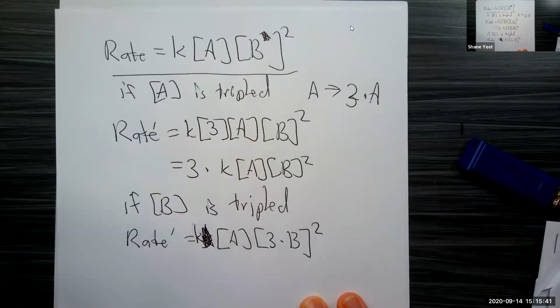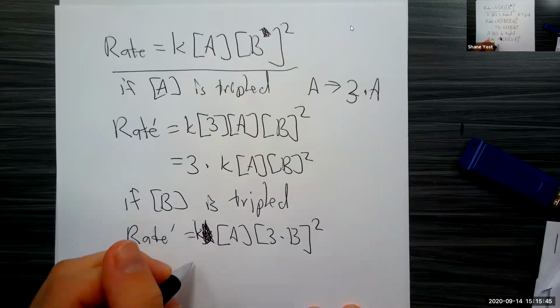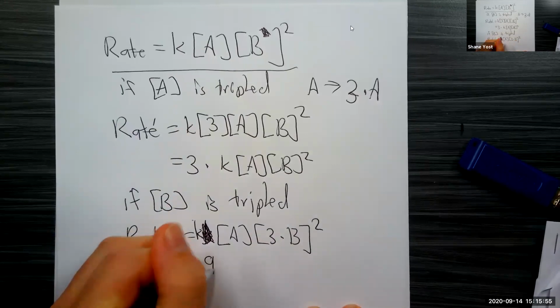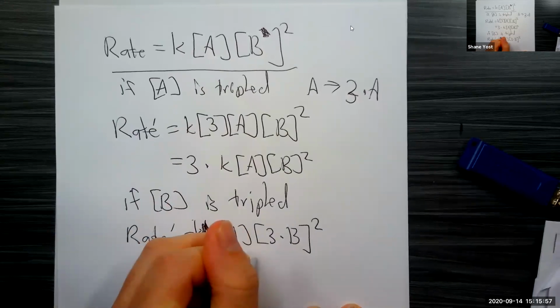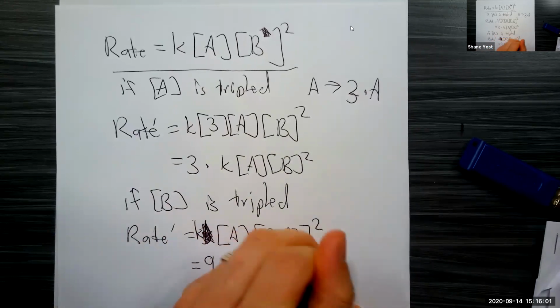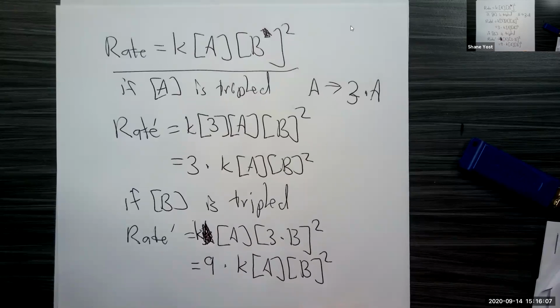I write these things too quickly sometimes. So this is now 3 squared, because this is a power of 2. And so it's going to be 9 times k, the rate constant, times the concentration of A times the concentration of B squared. So my rate has gone up by a factor of 9 when the concentration of B is tripled.